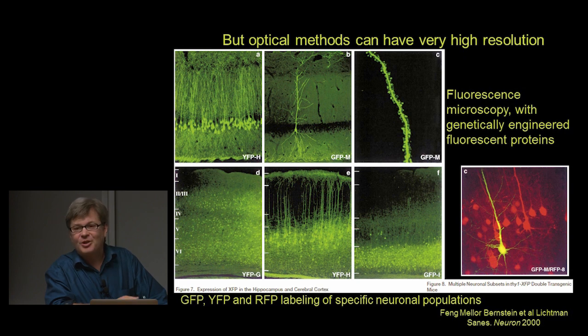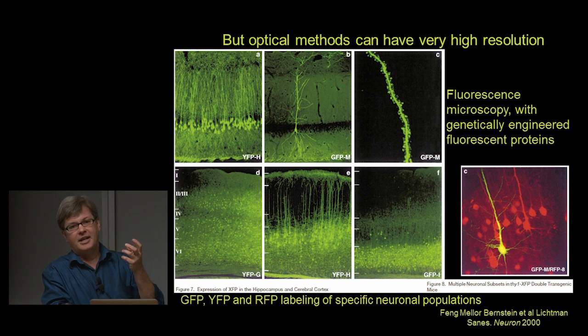What is fluorescence? Fluorescence is simply the means by which some types of molecules can absorb light of one color and transform that light in ways that I won't talk about and emit photons of a slightly different color.